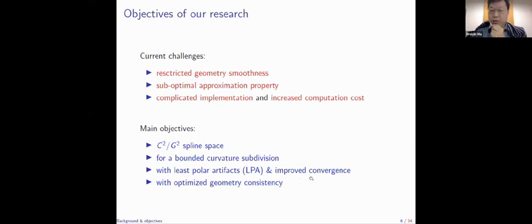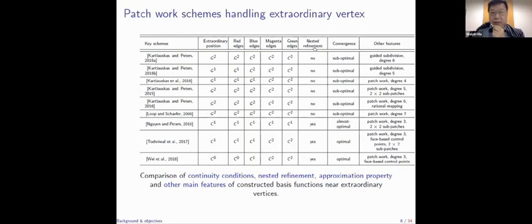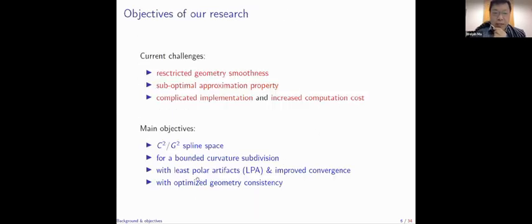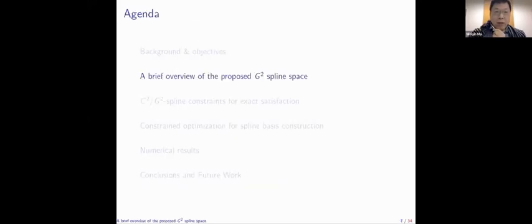This scheme can also achieve improved convergence for IGA applications. Of course, whether it is nested or not, for what we are presenting here, it's also not exactly nested refinements. However, we can achieve optimal geometric consistency. Which means that for any level of refinement where we apply this scheme, it's not exactly there, but it's optimized. I think that's what we want to talk about in this talk.